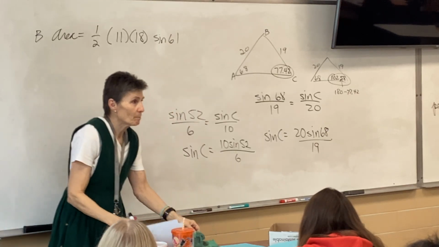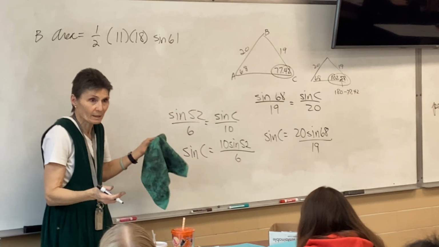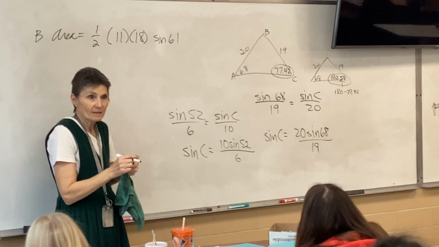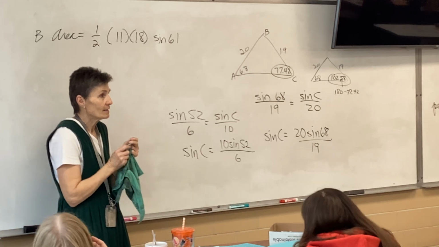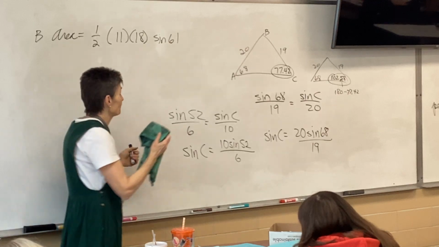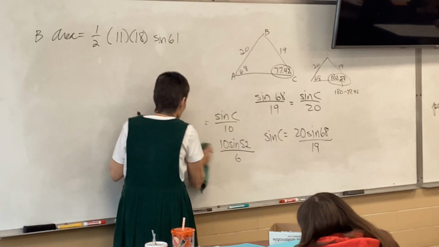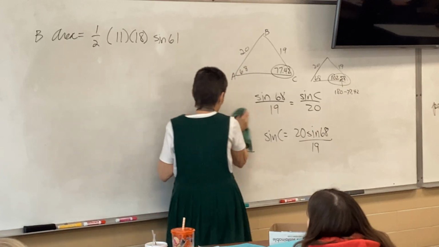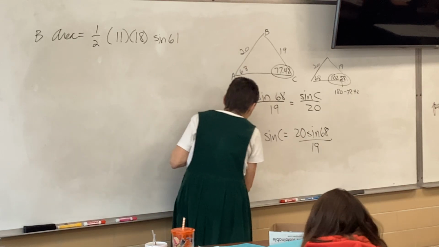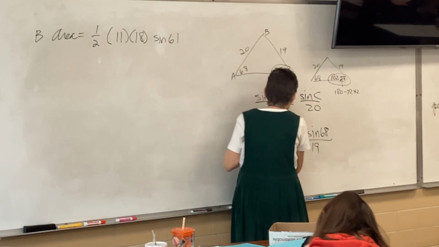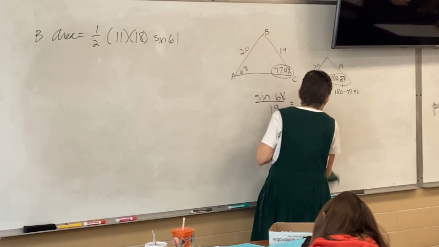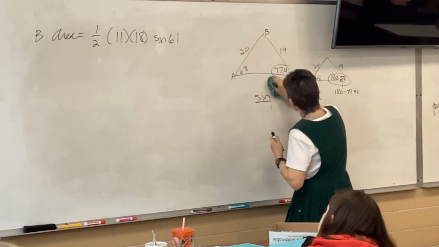At the beginning of the period, you guys told me that formula: 1/2, side, side, sine of included angle. So I don't have to do any of this stuff. I just type it in, and that will be the answer.